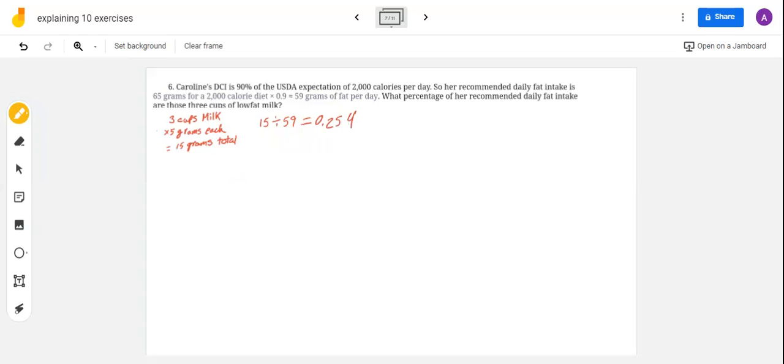Now, when you're doing the RIPLOP, which we're about to do, I don't want a decimal point as my answer.